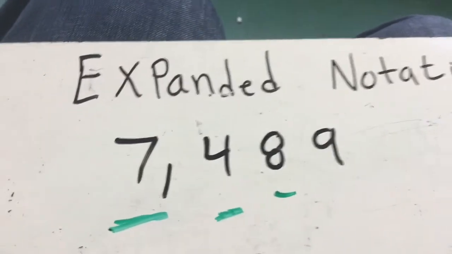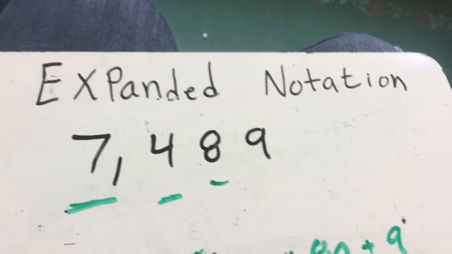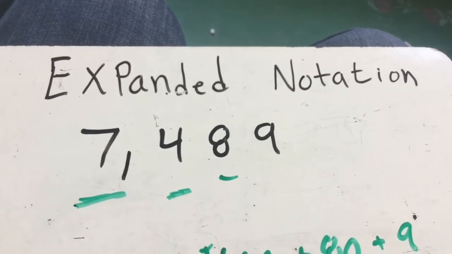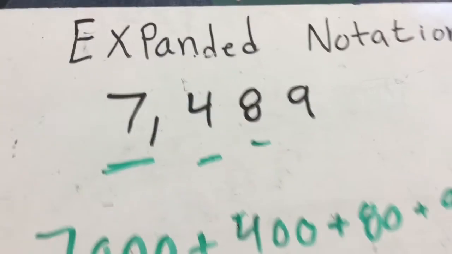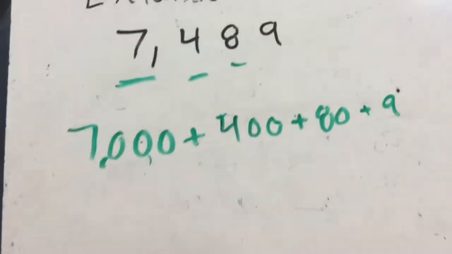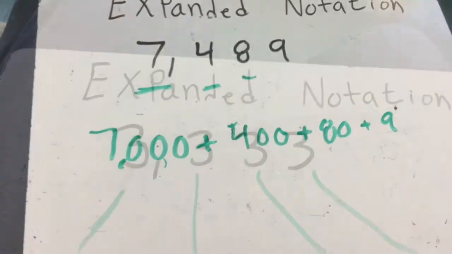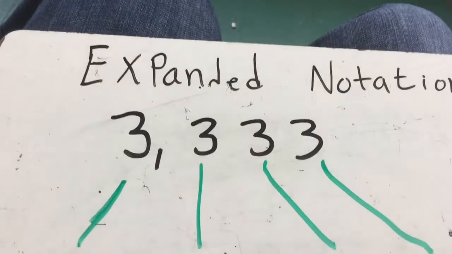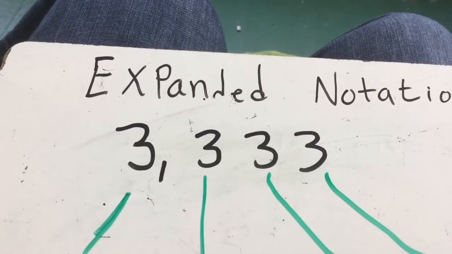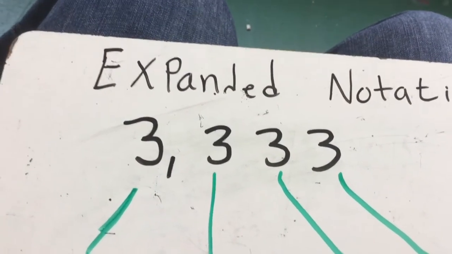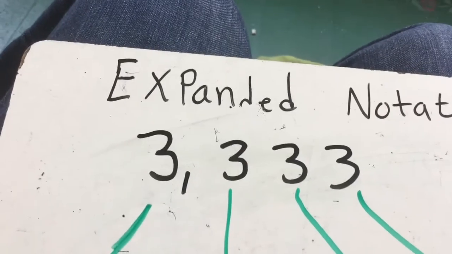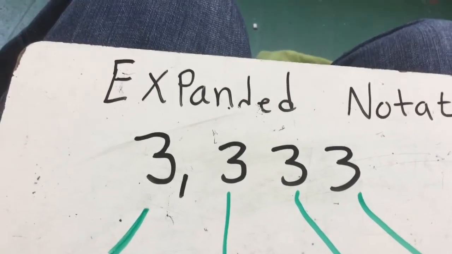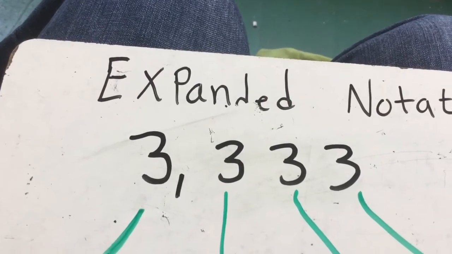So when you see this number and the directions are to use expanded notation to rename that number, you go from that to that. Let's do one more. So the directions are turn that number into expanded notation. Now, they're all threes. You might think that's confusing, but remember, it shouldn't be that confusing because they all equal something.